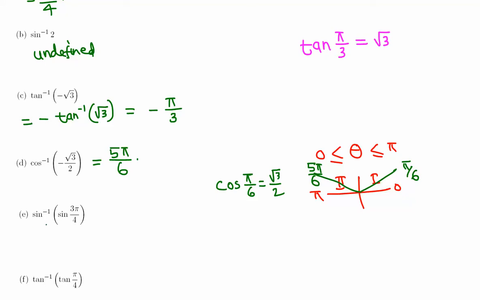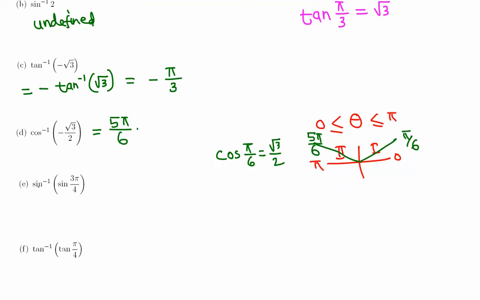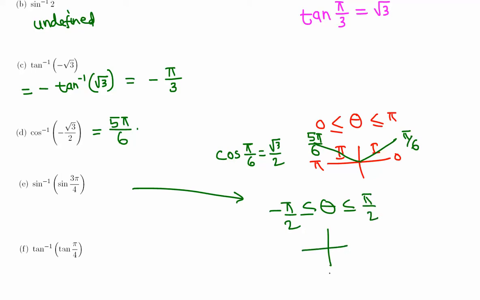Part E, sine inverse of sine 3 pi over 4. For sine inverse, the final angle should be between -pi over 2 and pi over 2, so the first quadrant or the fourth quadrant.